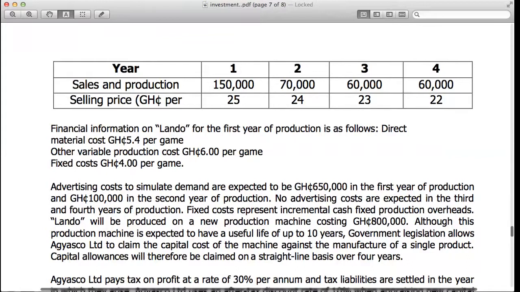No advertising costs are expected in the third and fourth year of production. Now, fixed costs represent incremental cash fixed production overheads. Have we seen that they're explaining it, not just saying fixed cost? Because if they just say the general fixed cost, we are going to probably ignore it. Fixed costs represent incremental cash fixed production overheads.